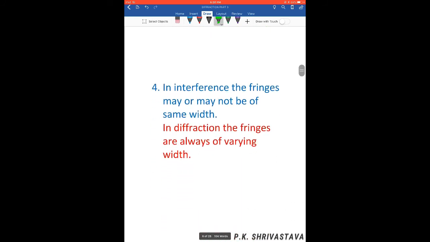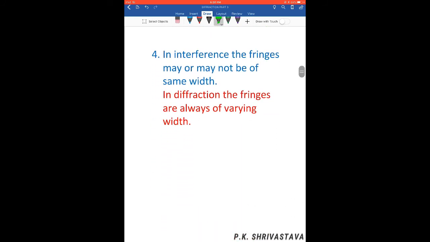Now fourth difference is, in interference the fringes may or may not be of the same width, but in diffraction the fringes are always of varying width. In diffraction the width of central maxima is always twice the width of secondary maxima or secondary minima.